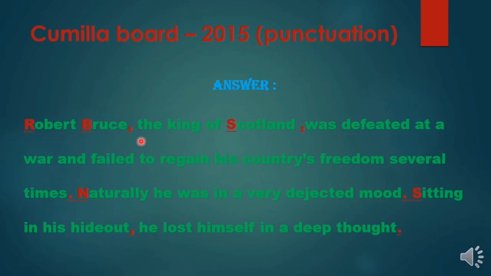Robert Bruce, comma, the King of Scotland, comma, was defeated at a war and failed to regain his country's freedom several times. And at the end there is one more full stop. And then naturally he was in a very dejected mood. And student, you can see the sentence has been started. That's why the first letter should be in capital letter, and finally at the end of the declarative sentence we must put full stop.